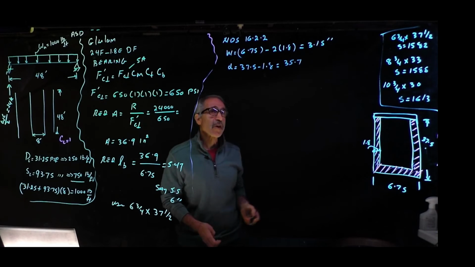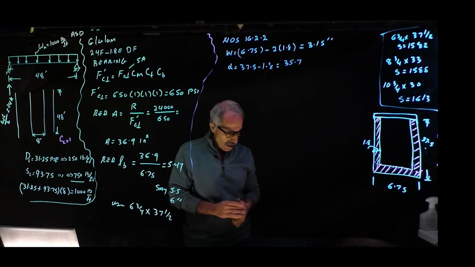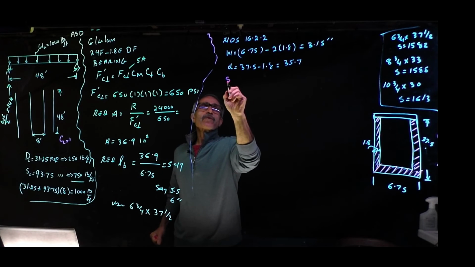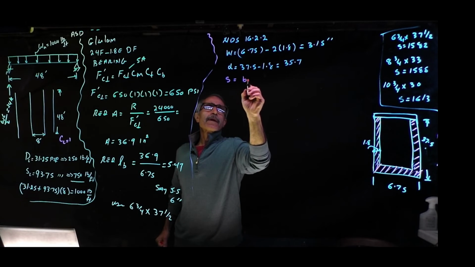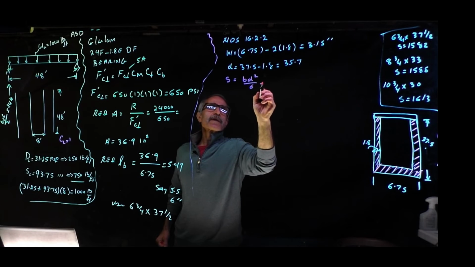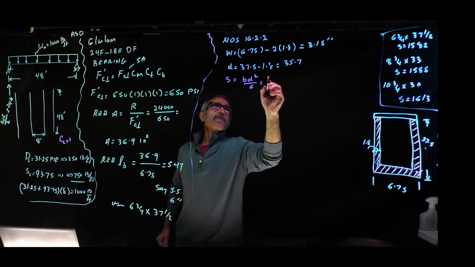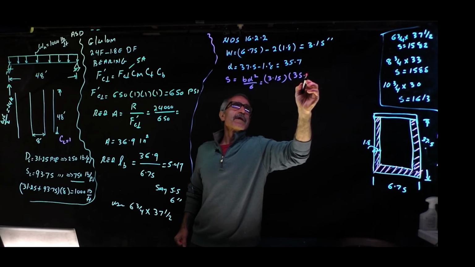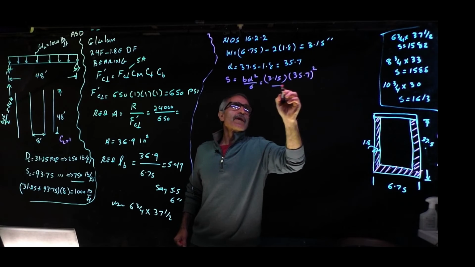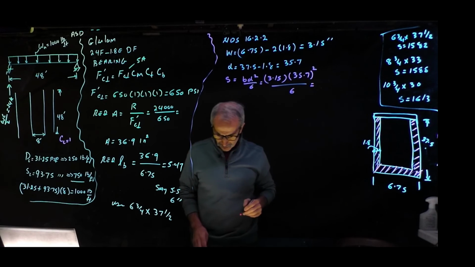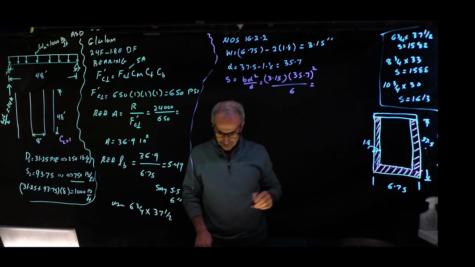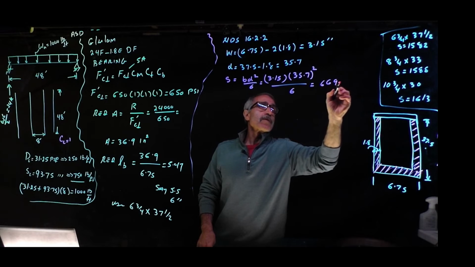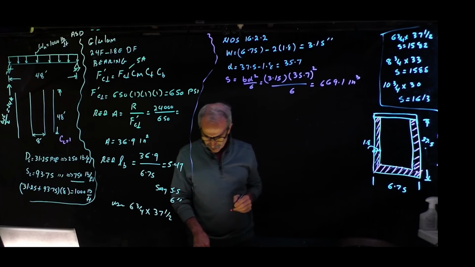So now we're going to find the new section modulus based on that. Section modulus is BD squared divided by 6, so 3.15 times 35.7 squared divided by 6, and that comes out to be 669.1 inch cubed. So that's what we're going to have.